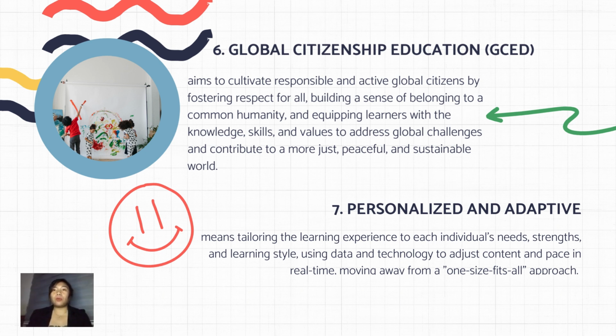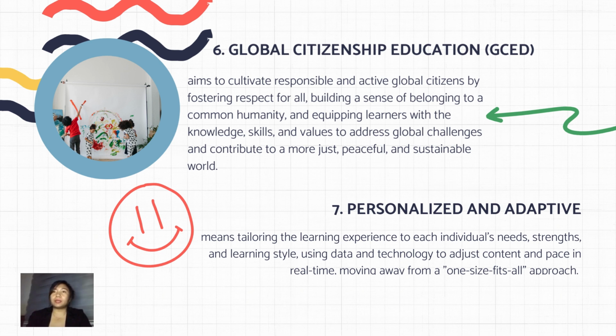This promotes awareness of global issues, diversity, and social responsibility in school curricula. For example, in Australia, students engage in projects that discuss refugee rights, climate change, and global cooperation to develop empathy and civic responsibility.